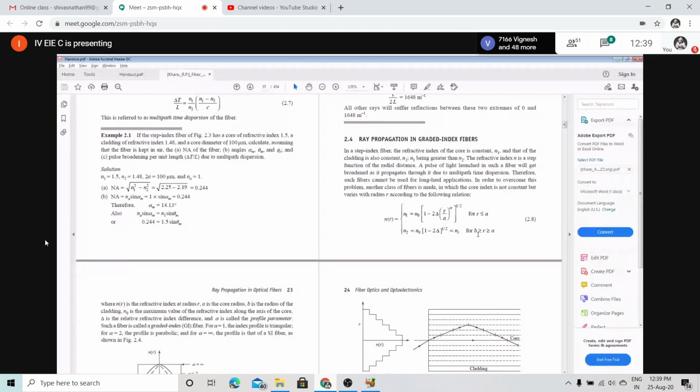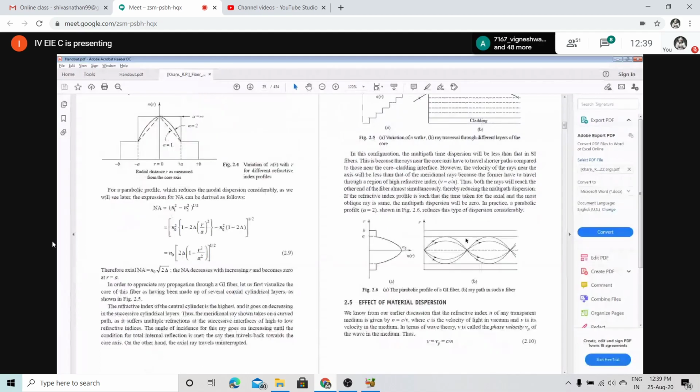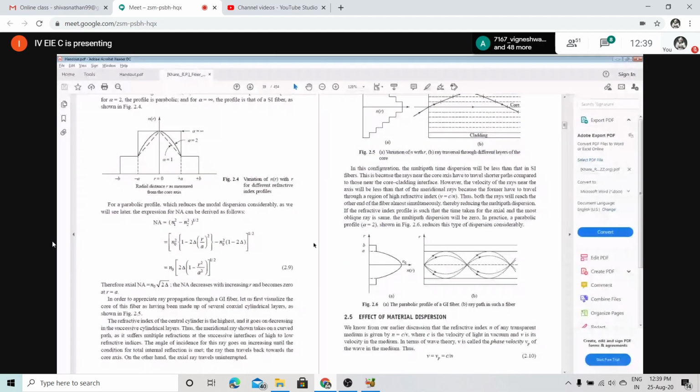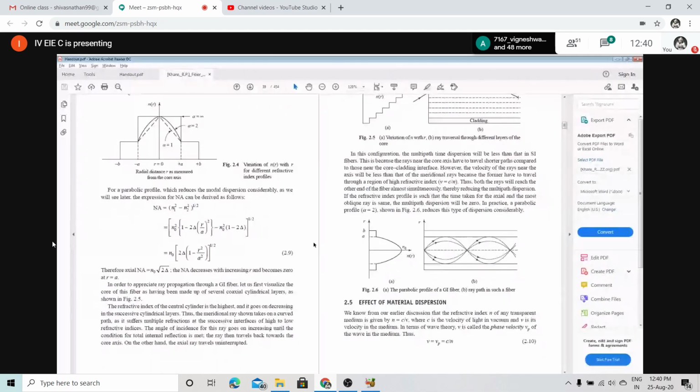Clear? So now what we are going to do is find the mathematical expression for numerical aperture. We know the expression for numerical aperture for a step index fiber. NA is equal to the square root of n1 square minus n2 square. That was your expression for a step index fiber.